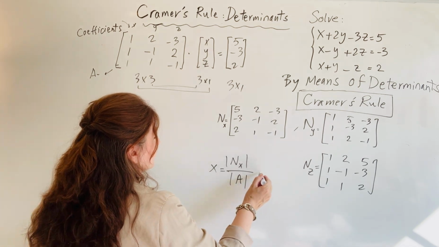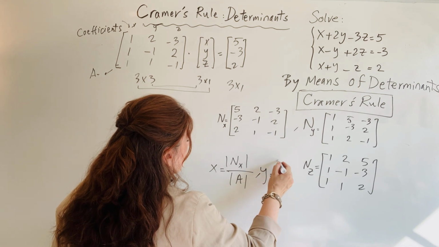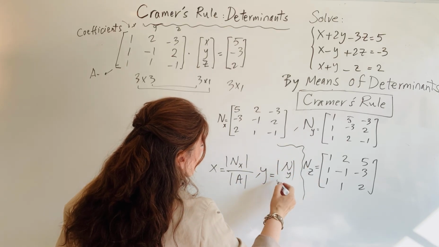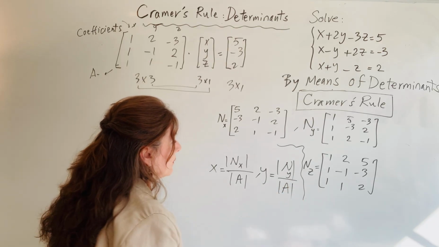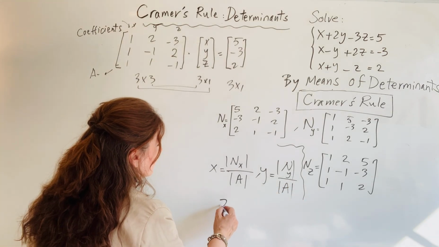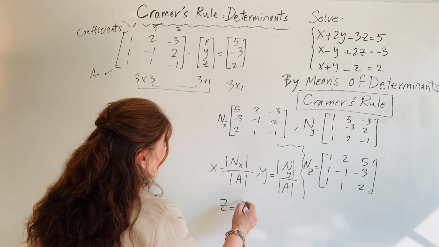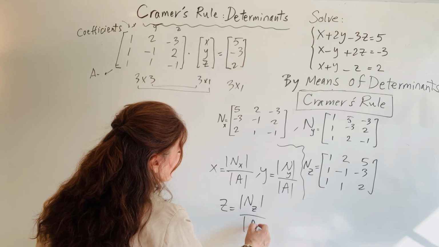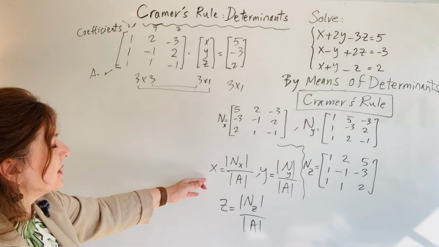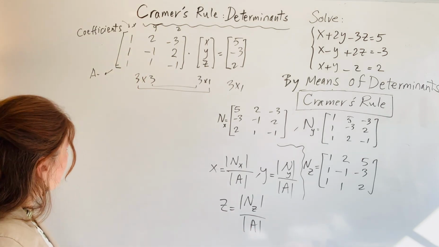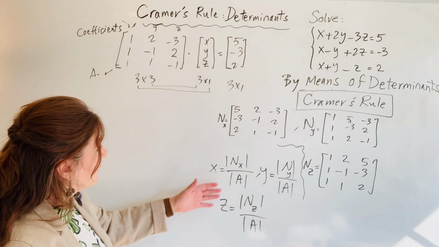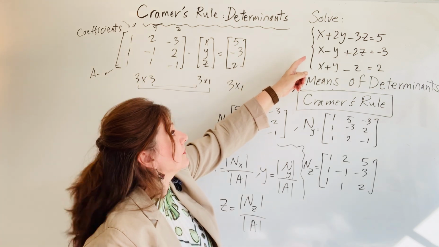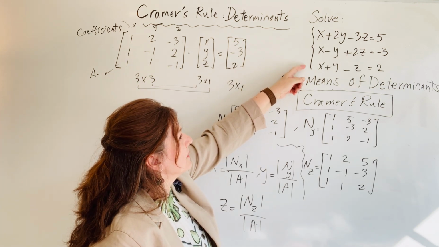Y is the same: the determinant of N of y over the determinant of the coefficient matrix. And z is the determinant of N of z over the determinant of the coefficient matrix. This method is named Cramer's rule. With the help of determinants, you can solve three unknowns with three equations.